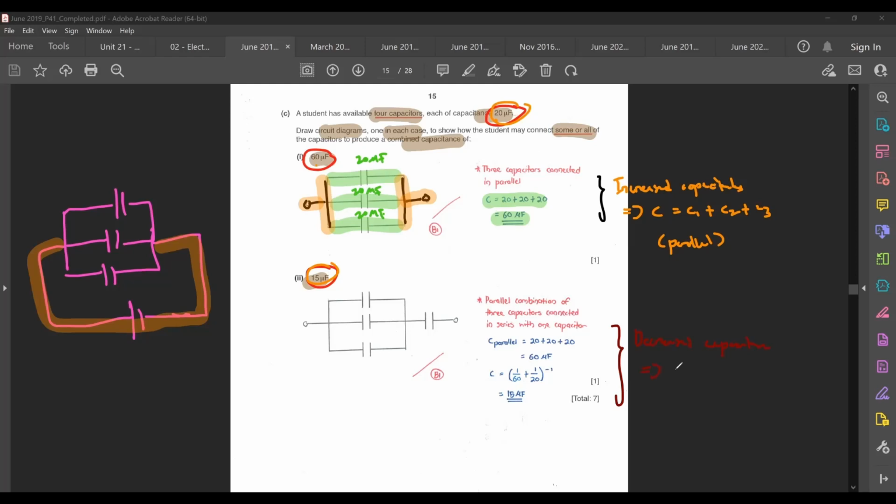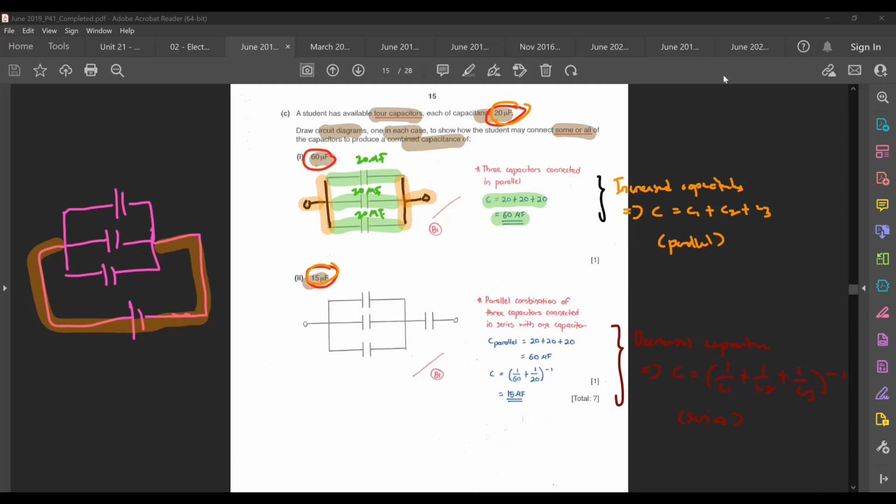The only way you can have decreased capacitance is if it's 1 over C1 plus 1 over C2 plus 1 over C3, to the power negative 1, and so on and so forth, right? So you need to connect your capacitors in series. That one will be the hint here.